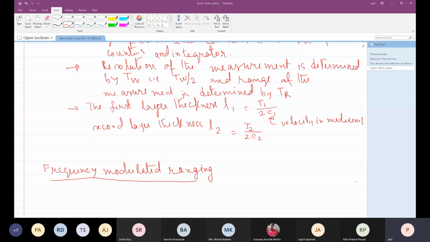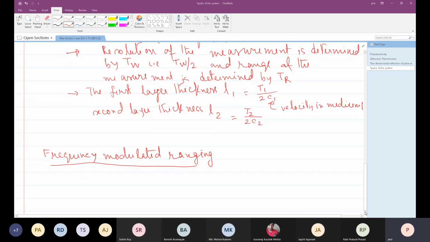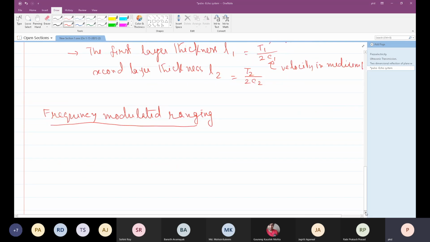Now we can also do this using frequency modulation.